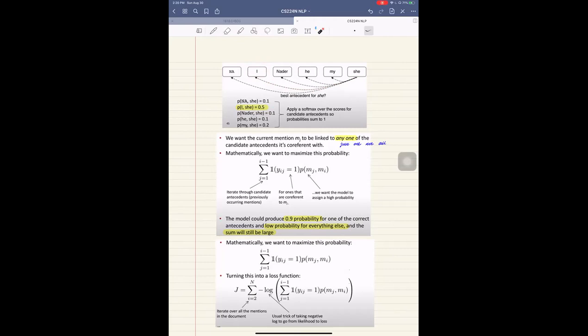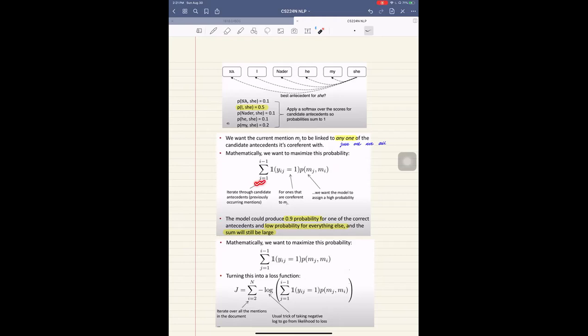Mathematically, we want the current mention m_i to be linked to just one of the candidate antecedents that is actually co-referent with it. The loss function is still the same as before.